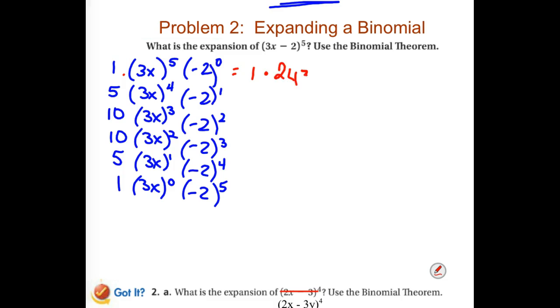So 243x to the 5th. And what is negative 2 to the 0? Anything to the 0 is 1. So when I multiply these all together, 1 times 243x to the 5th times 1, I get 243x to the 5th. Yes? That's going to be the first piece of my answer.